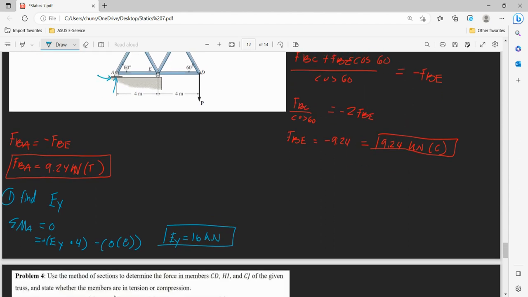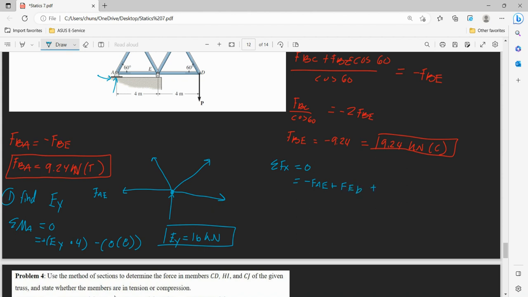And if we sketch out what E looks like, so our free body diagram, we have lots of different components, but our only unknown is this one here. So when we write our equations, this is Fx equals, so this is negative FAE, this is positive FED, which we have.